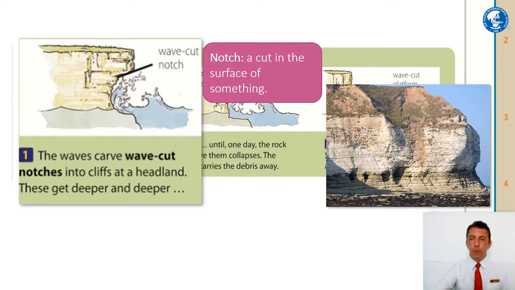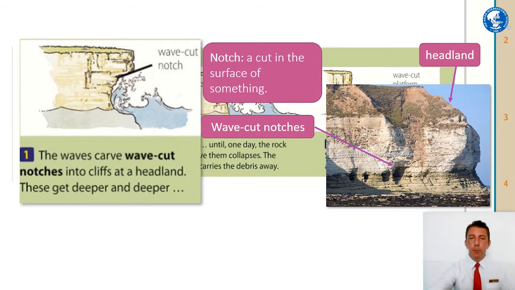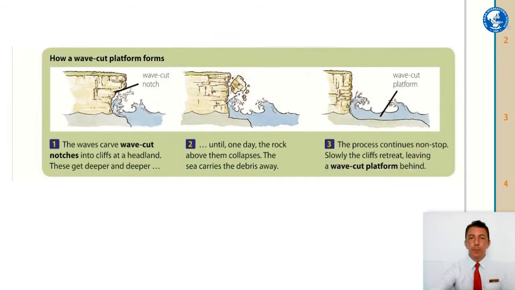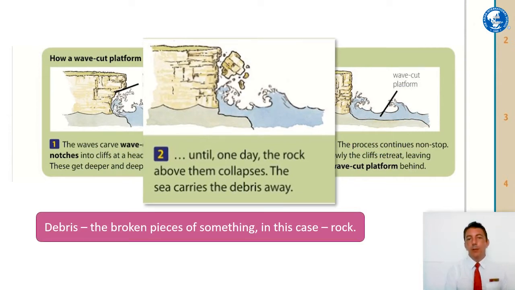So in this photograph, we can see notches along the cliff. So the notches in time will get deeper and deeper until the rock above them collapses. So the notches undercut the rock above, and then gravity will cause it to collapse in time.